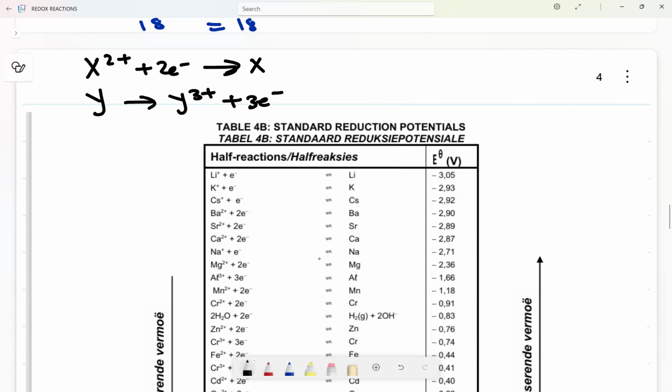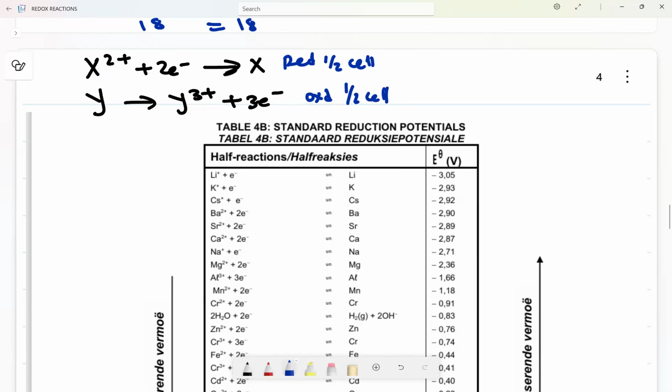Let me do this again. So let's say this is the oxidation half cell. How do I know? The oxidation number increased from 0 to this. And this one, it decreased from 2+, so this is the reduction half cell.